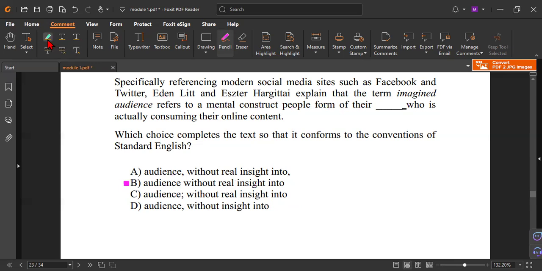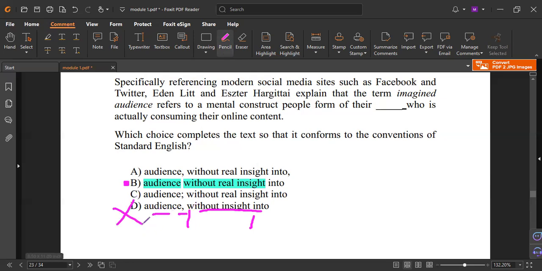Now, as I told you, is this a prepositional phrase or not? Yes. Can I separate the prepositional phrase from what it modifies? No. So that means the comma is in the wrong place. I cannot separate the phrase from what it modifies.